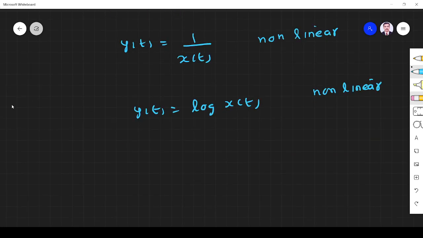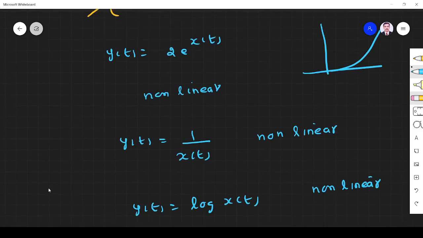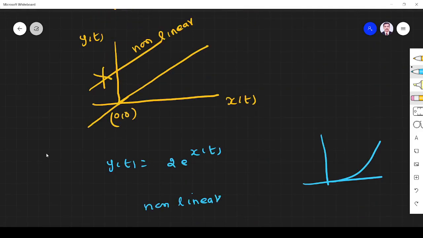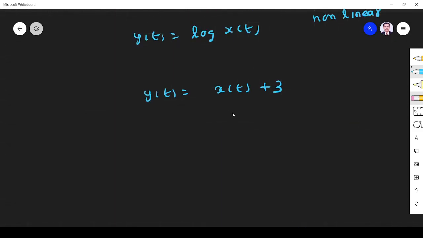Like that, y(t) = x(t) + 3. In mathematics it is linear: y = mx + c is a linear equation. But here it is non-linear, because I told you the system equation or graph should pass through (0, 0). When x is equal to 0, y must be 0. But when you put x equal to 0, y is 3, not 0.